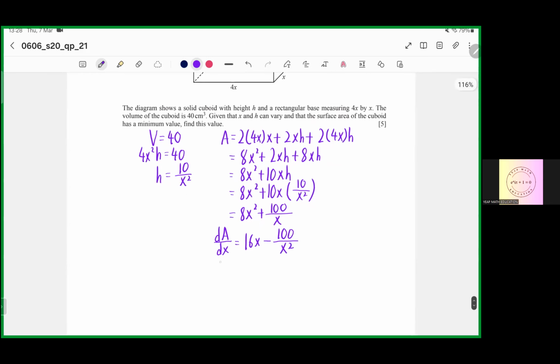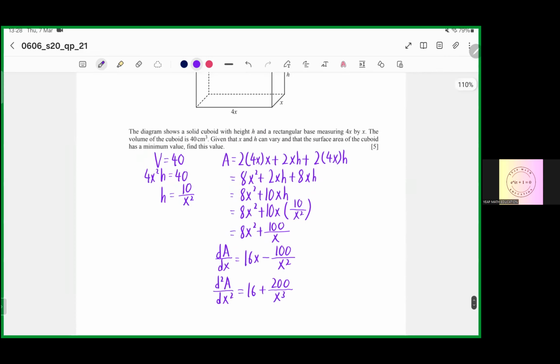Okay, now we look at the second derivative, which equals 16 plus 200 over x cubed. Okay, now the question says you want to find a minimum value, right? So take dA/dx equals 0.